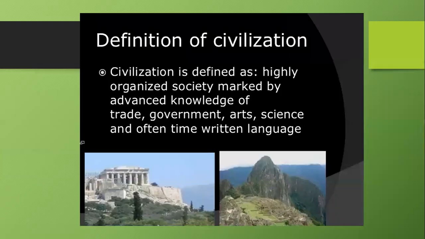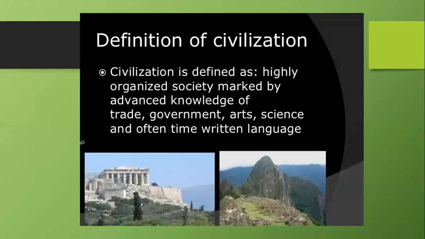All right, so let's talk about civilizations. We can't talk about anything in the world without them. Obviously, here in America there were civilizations, but civilizations are defined as a highly organized society marked with advanced knowledge of trade, government, arts, science, and often the written language. That's how we mark it.